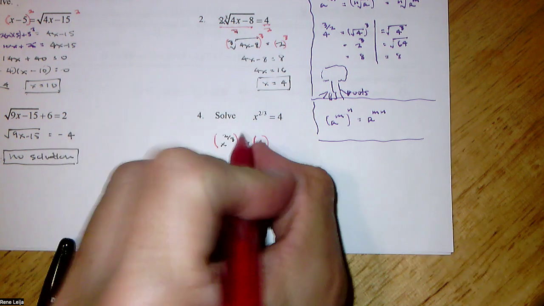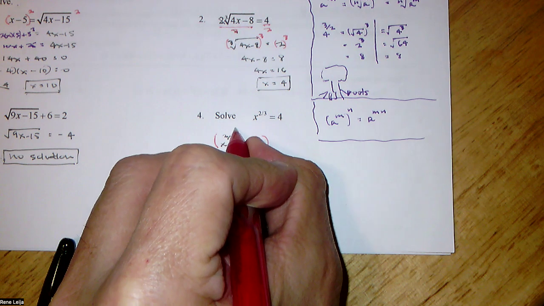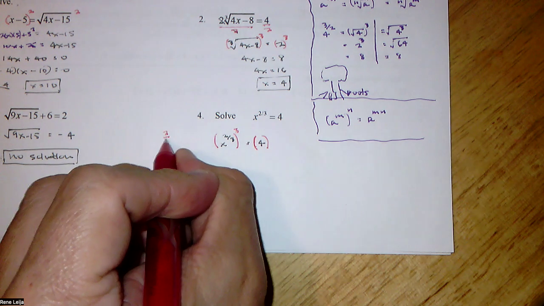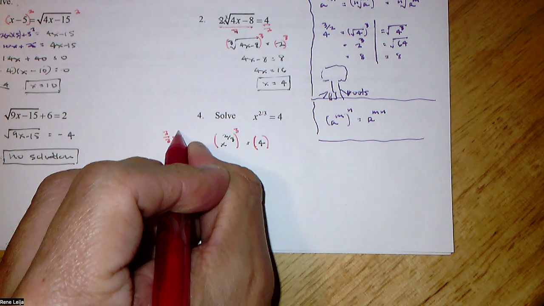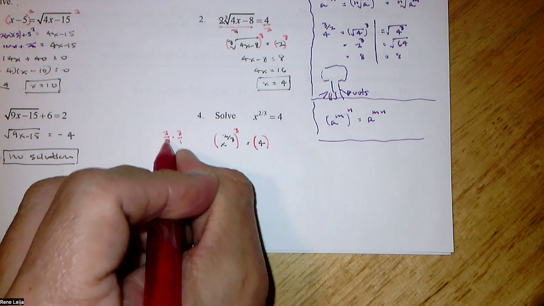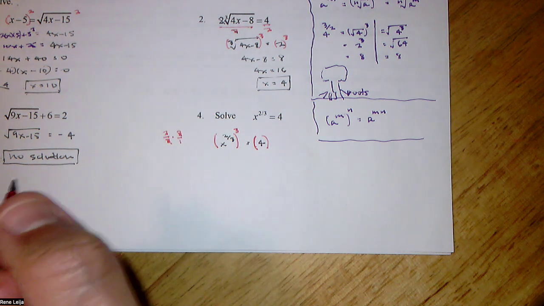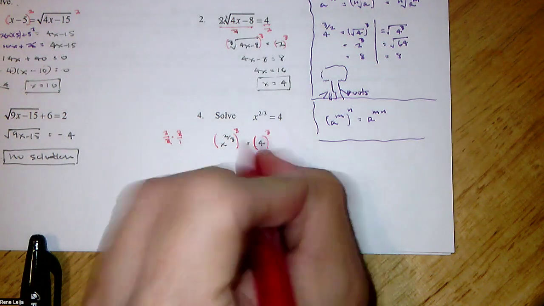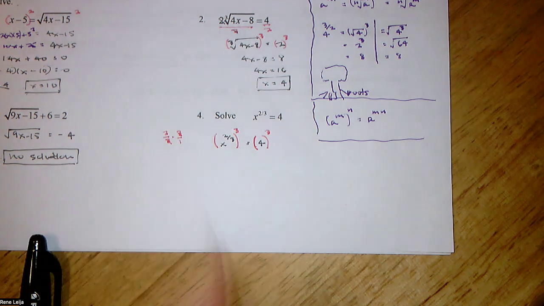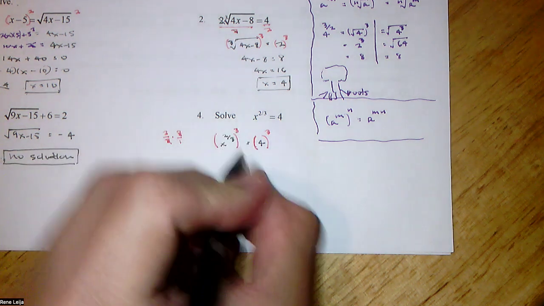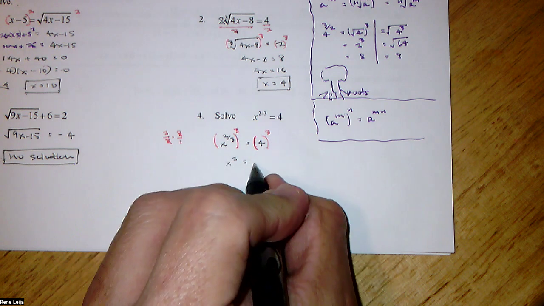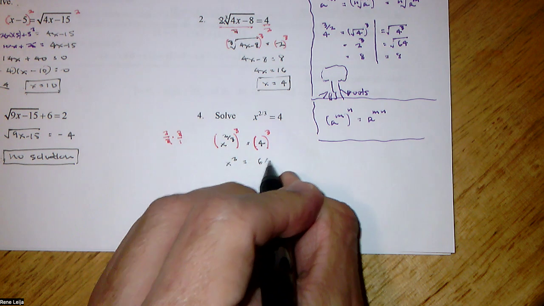So if I were to multiply this by a 3, now look, 2/3 times 3, remember you can put it over 1. Do you see how the 3's are going to go away, to just leave you with your exponent? So I'm going to raise both sides to the power of the root. The 3's are going to knock each other out to just leave you with x squared equals, well, 4 to the 3rd is 64.